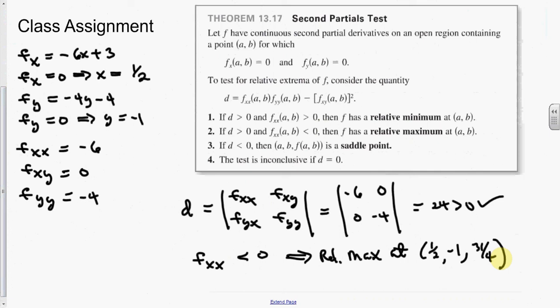Okay. Everybody happy with that? So just one more, if you could do this one, and then we'll see what you have.